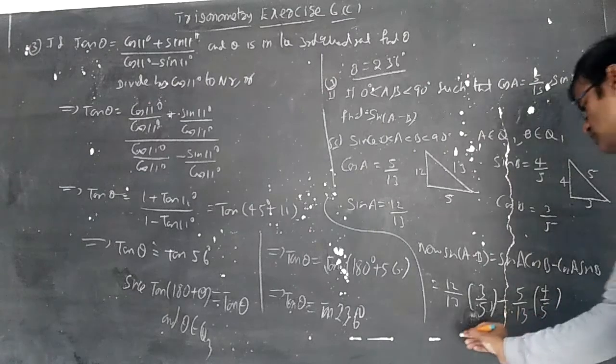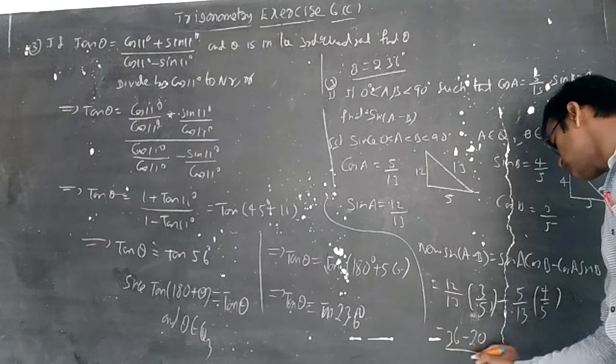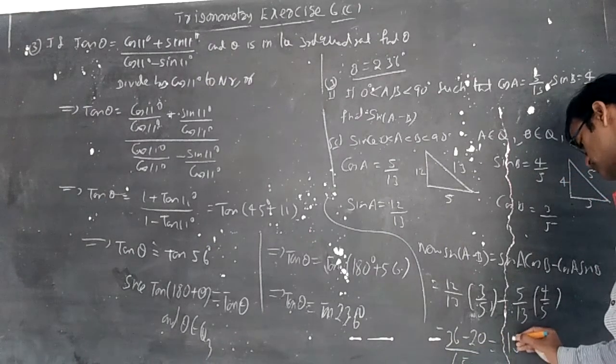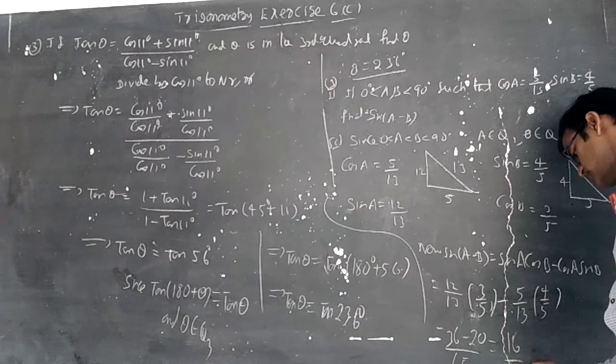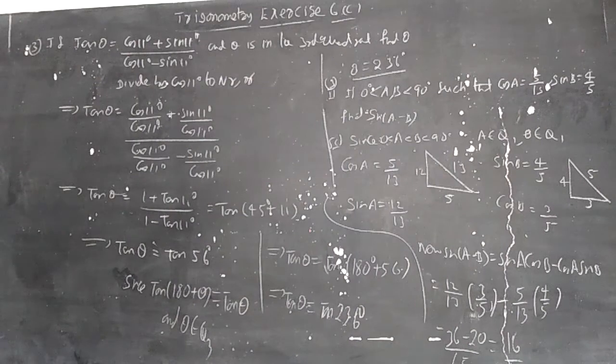So 12 3s are 36, 36 minus 5 4s are 20, whole by 13 5s are 65. That is equal to 16 by 65, the value of sin of A minus B.